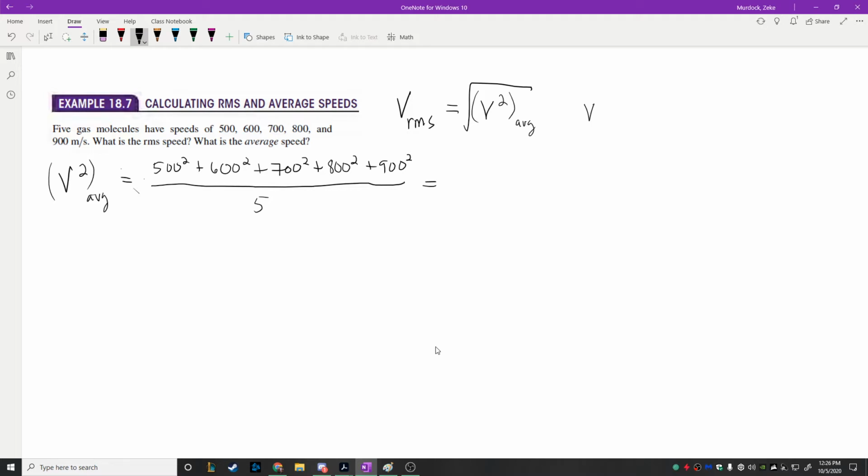But let's do it in 2 steps. So this is going to be, you guys can calculate yourselves too if you get it done faster than me. That'd be great.